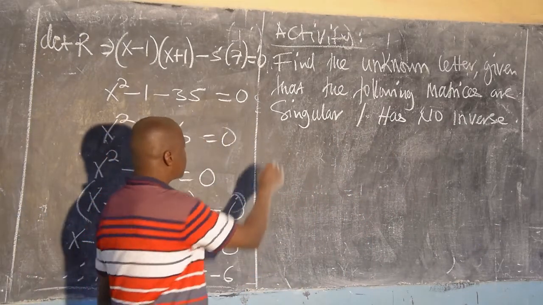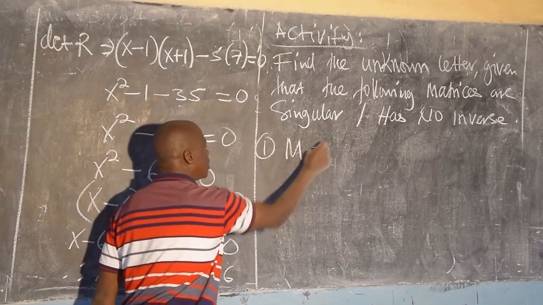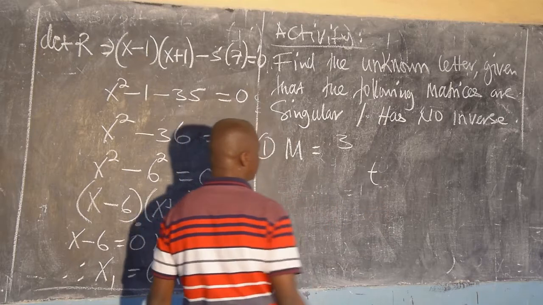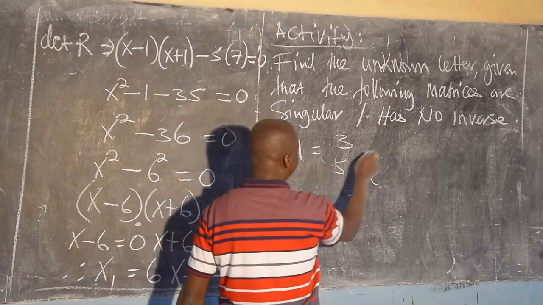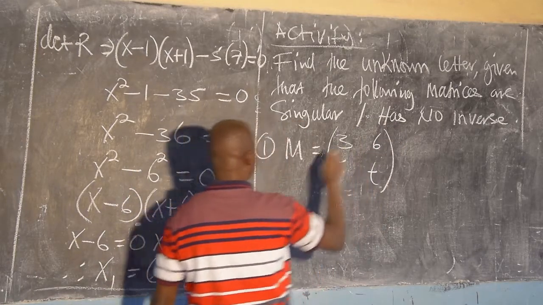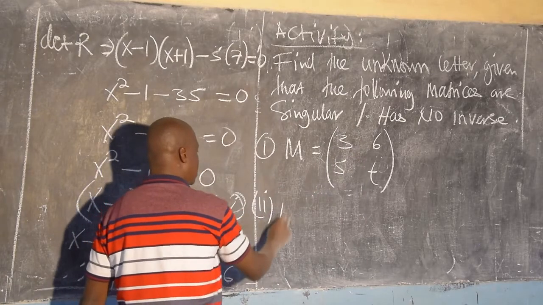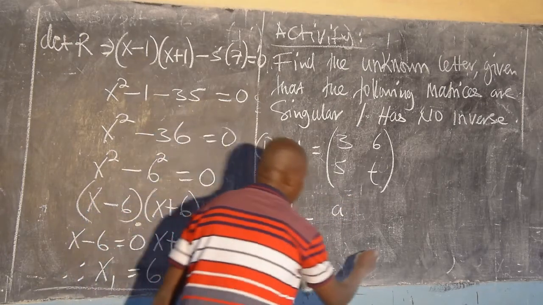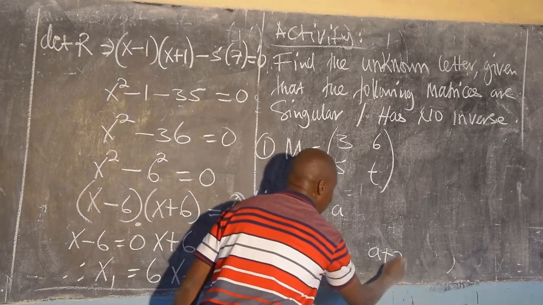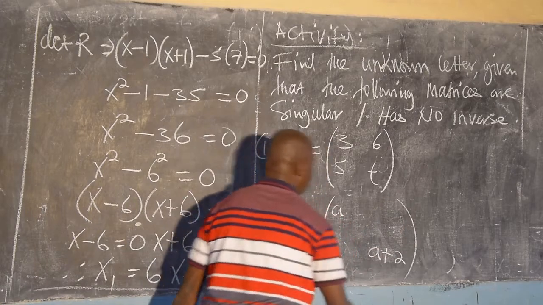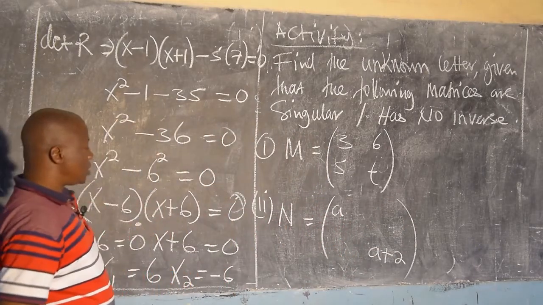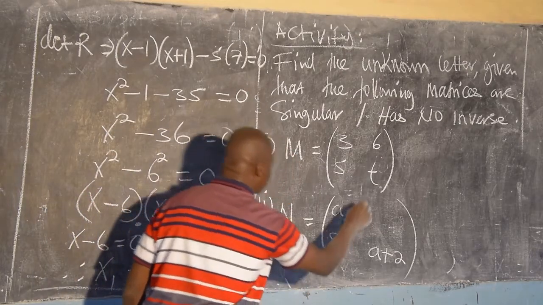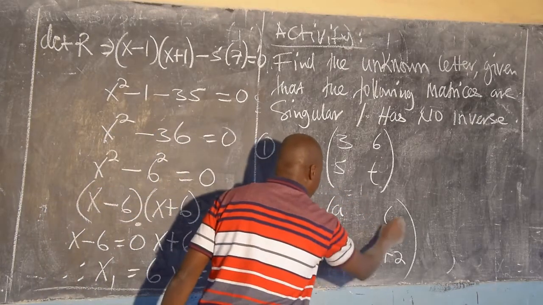Dear students, we have questions here. Number 1: 3, t, then 5, 6. Next, number 2: A, x plus 2, then here we shall have 8, 6.